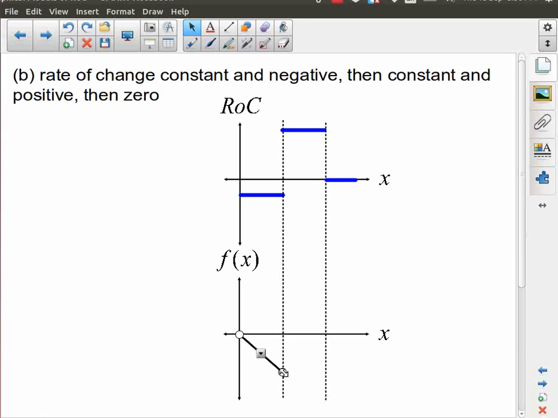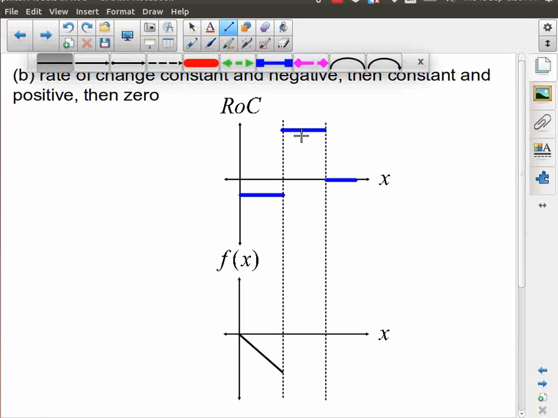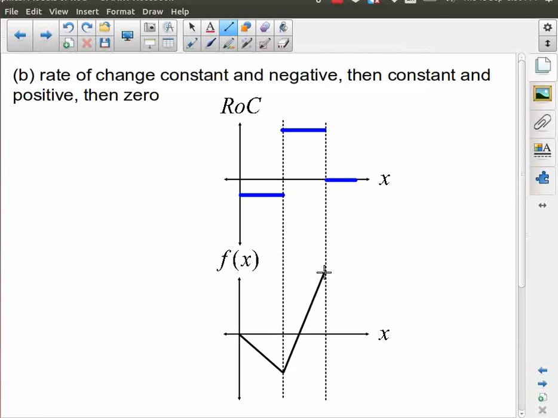Okay, so that's a pretty modest negative slope. But now my positive slope is quite high and positive, so I'm going to use that as my excuse to go way up here. So that's quite a bit steeper than this original one. And then my slope is 0, and that means I have a horizontal line to finish things off.